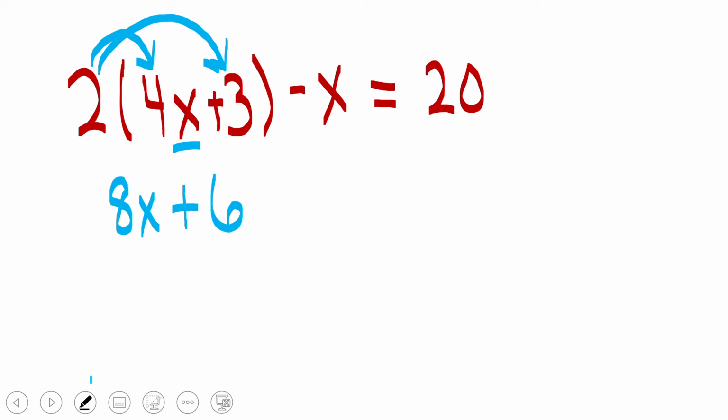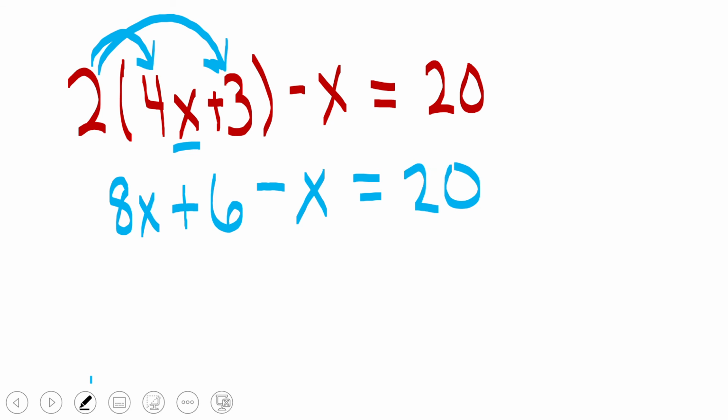We've addressed our parentheses set, just like you would in GEMS or PEMDAS. Okay, we still have minus x kind of hanging out there, and we transfer everything else down, equals 20.